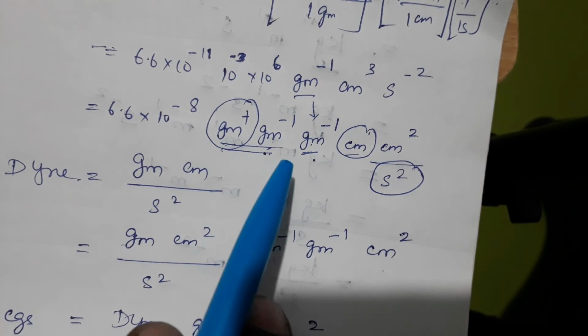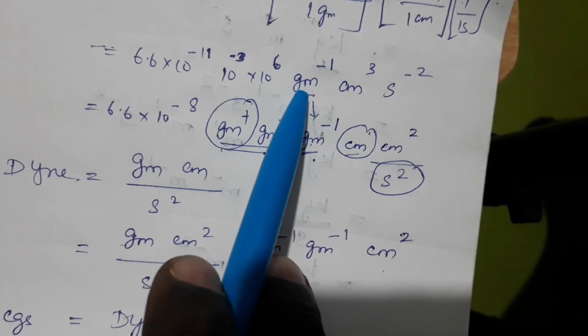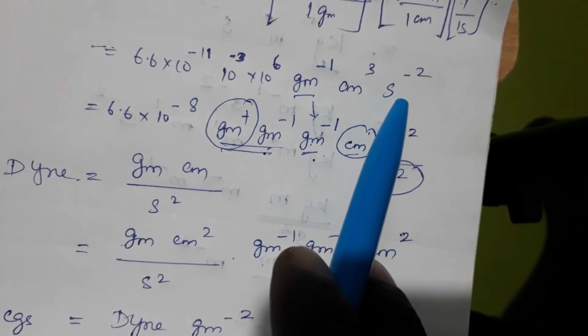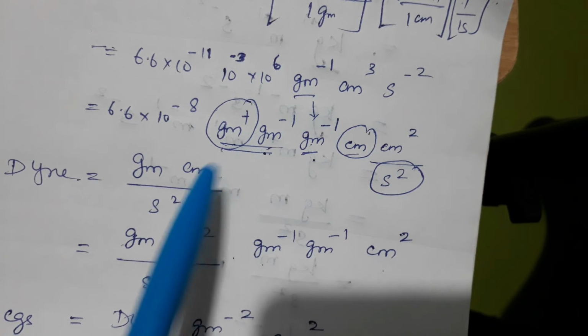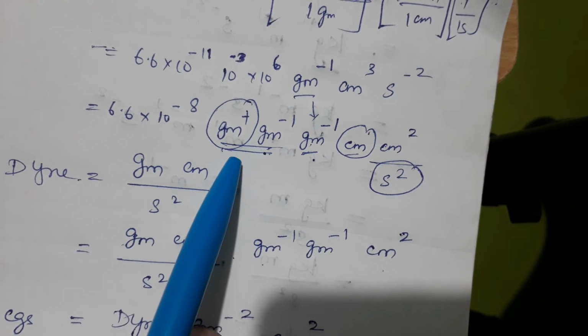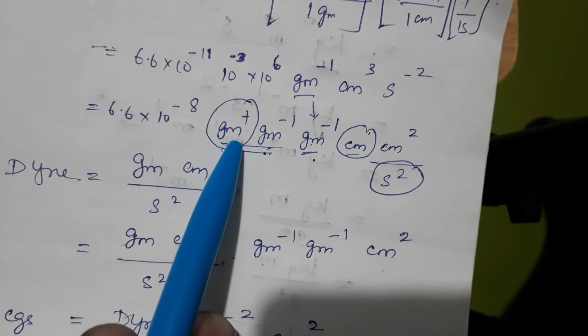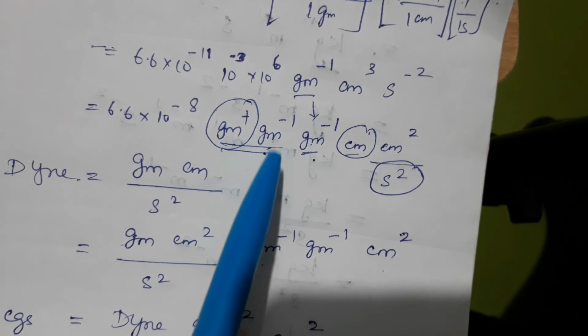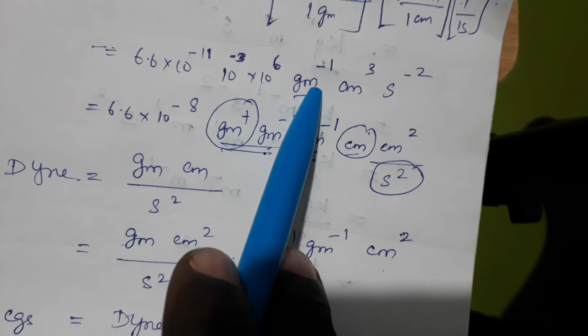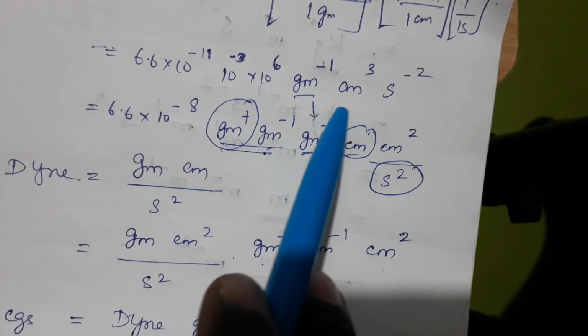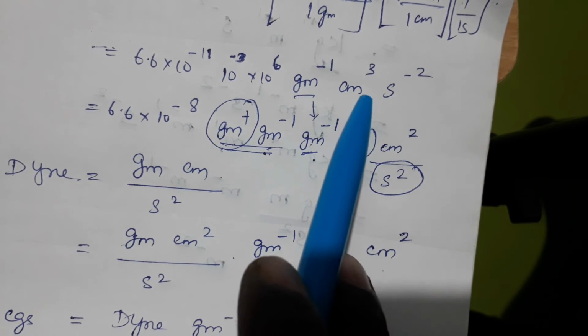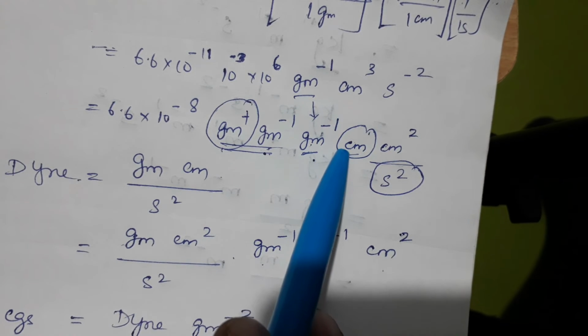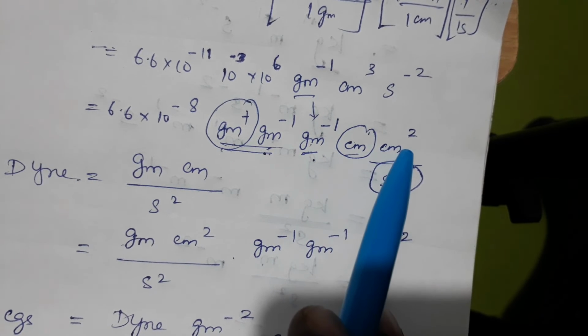In order to bring gram to the power minus 1, centimeter cube, s to the power minus 2 into this form, we write gram plus 1, gram minus 1, and this gram minus 1 is written as it is. Centimeter cube is split and written as centimeter and centimeter square.